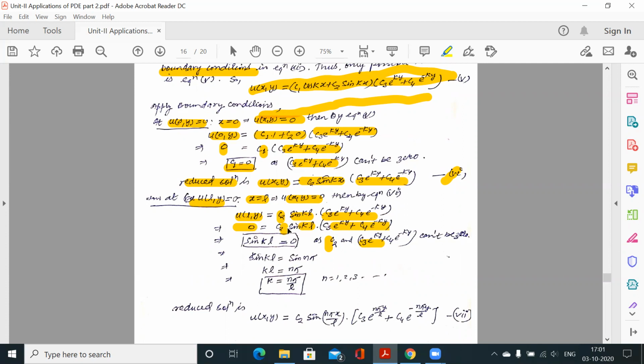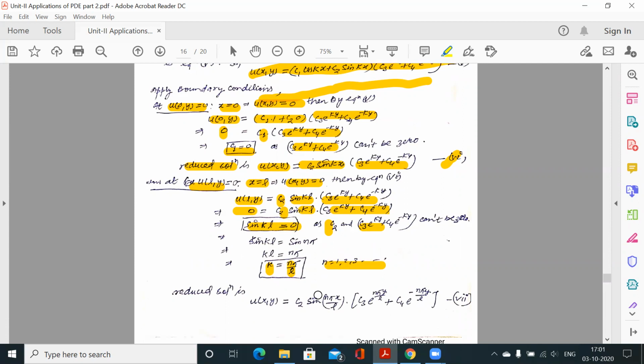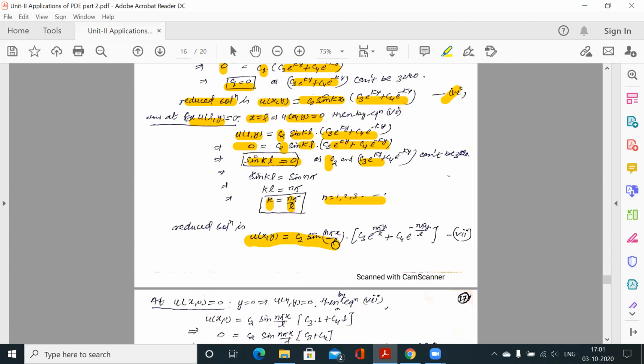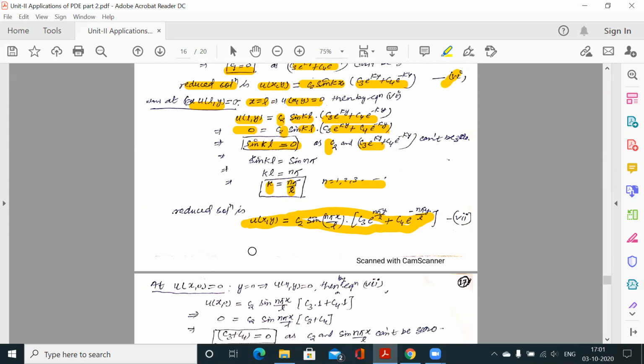So only this possibility, sin kl is 0, and sin kl equal to 0 will give us that k is n pi by l. So n is either 1 or 2 or 3 up to an infinite number. So this is the reduced solution satisfying the two boundary conditions, because in this case we have 4 conditions.